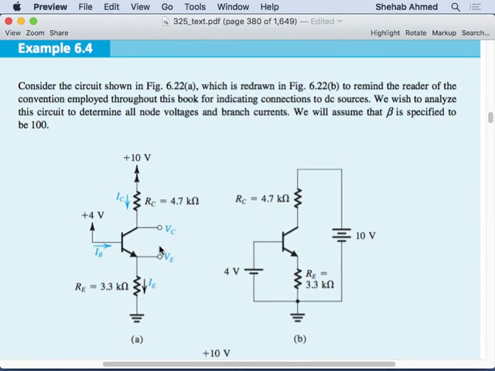This is very similar to the example that we just did, so I'm going to go through it very quickly. Here, we consider the circuit shown, which is redrawn to remind the reader. We wish to analyze the circuit to determine all node voltages and branch currents. Same, right? The problem is always the same.